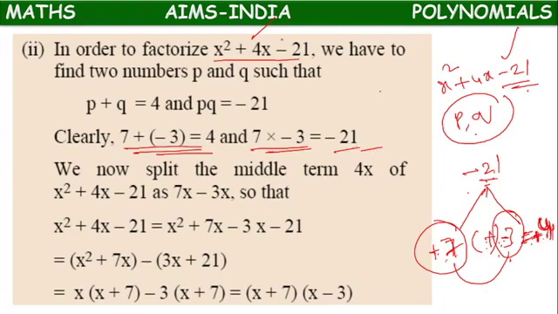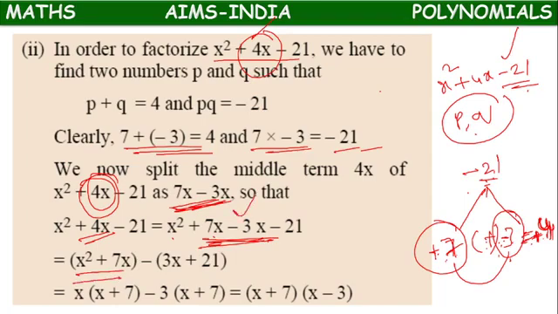Okay, now we will split 4x. We will split 4x into plus 7x minus 3x. In the place of 4x, we will keep 7x minus 3x. Next, first two terms, one group. Next two terms, for this also we have minus. For the third term and fourth term, we have minus.